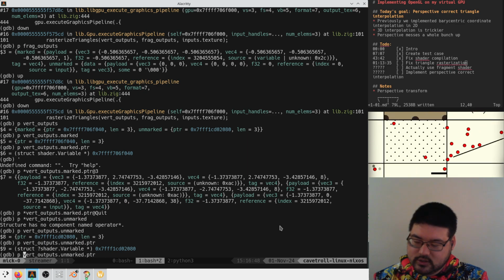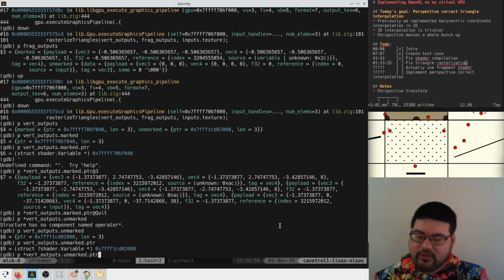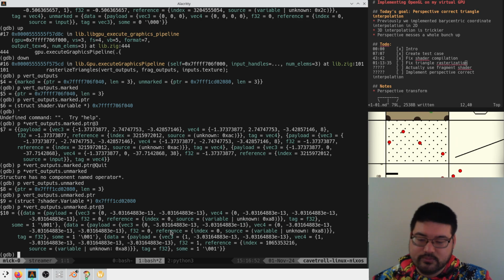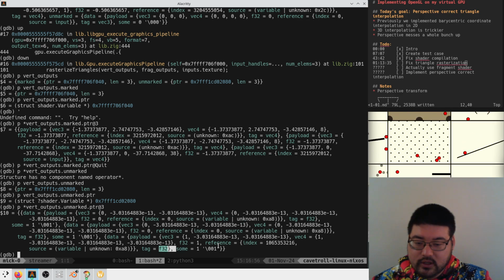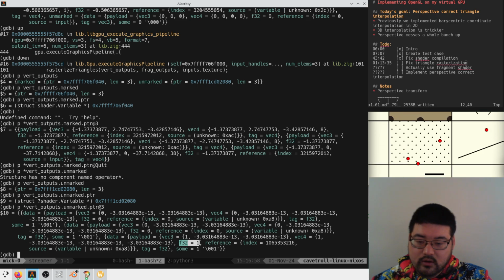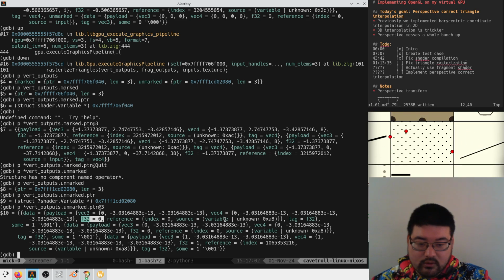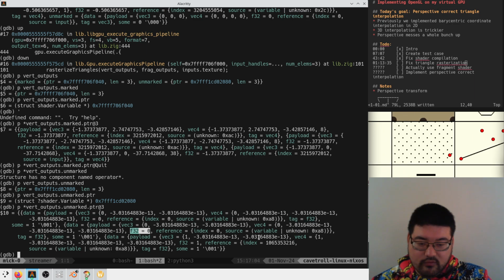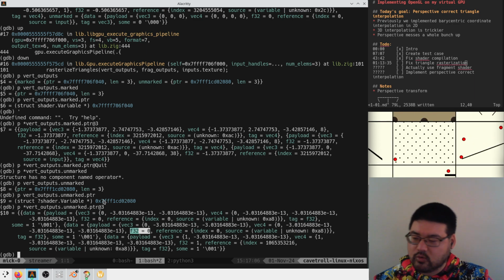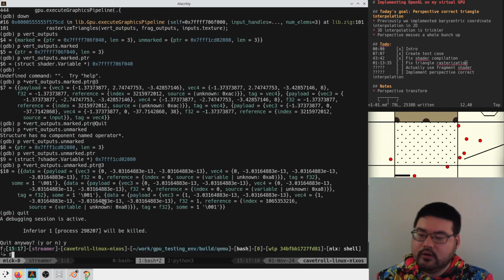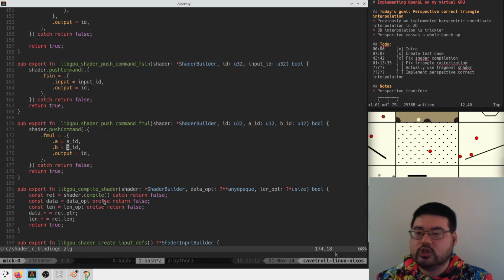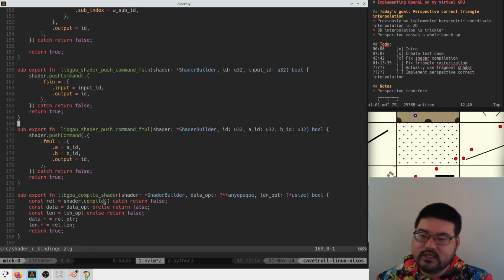These are supposed to be the inputs of our fragment shader, and I think we just didn't get here yesterday, which might explain why things don't make sense. So we have a float32 output here that is 1 for one of them, 0 for another, and 0 for another. So this makes sense. These are correct. These are the outputs of our vertex shader. So let's make sure that what we are feeding this thing is correct.